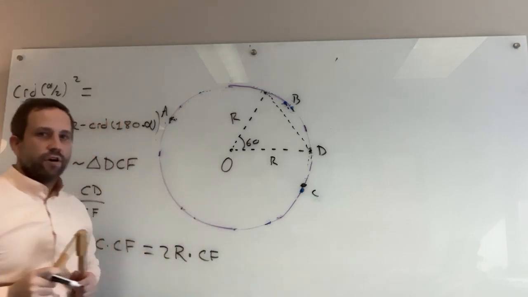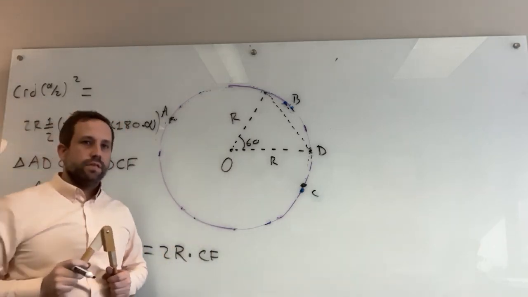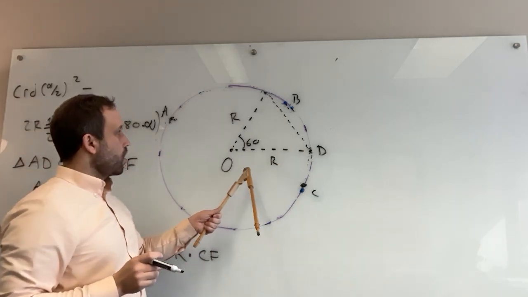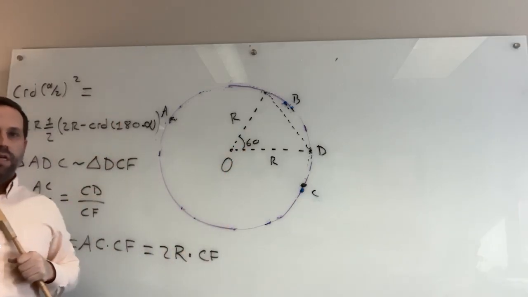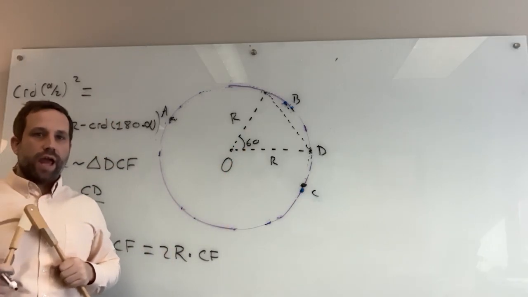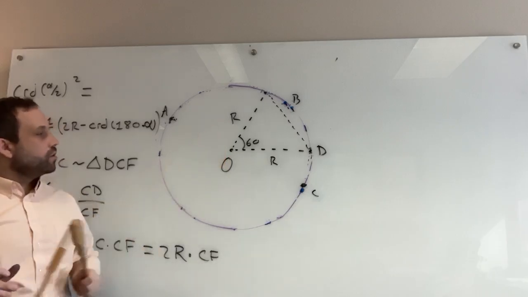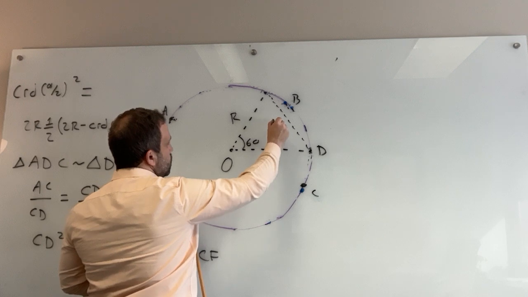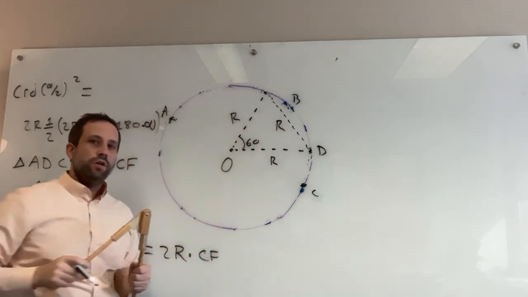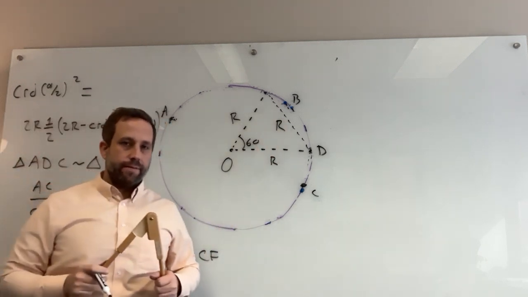We know this has length r. So we've got length r, and 60. Therefore we know this is an equilateral triangle, and therefore this has to be equal to r as well. So we can compute chord of 60.